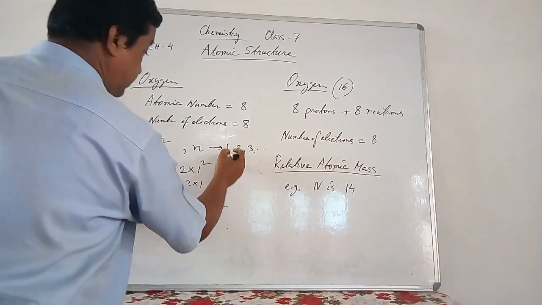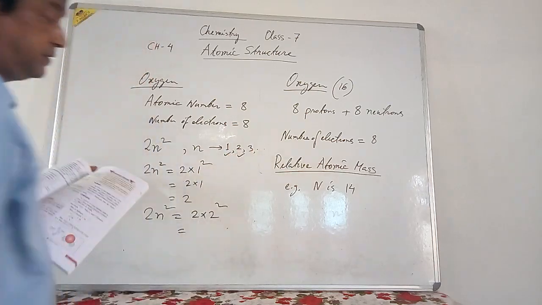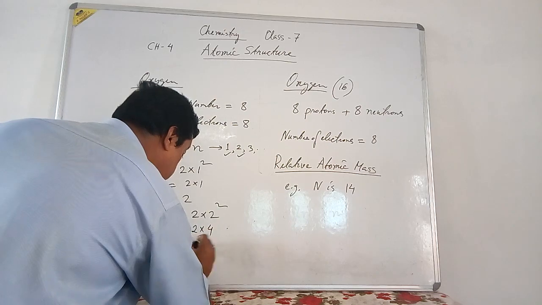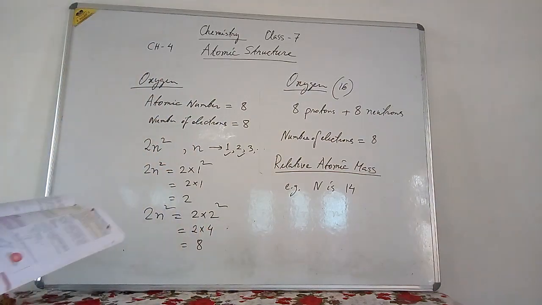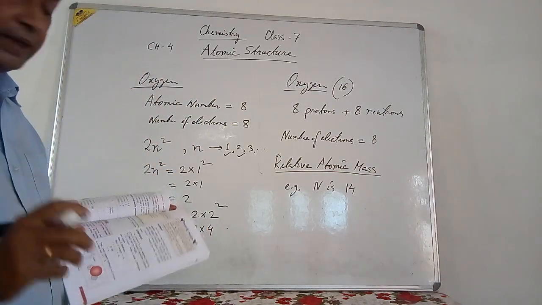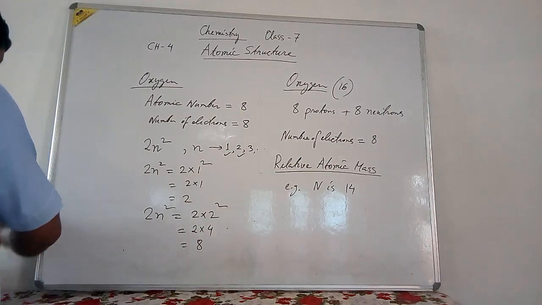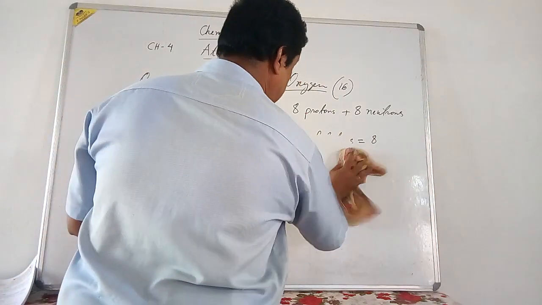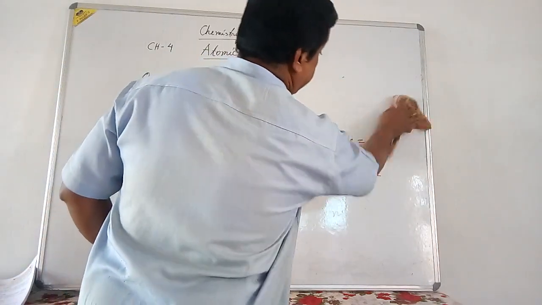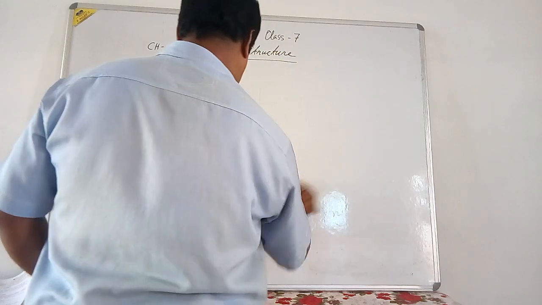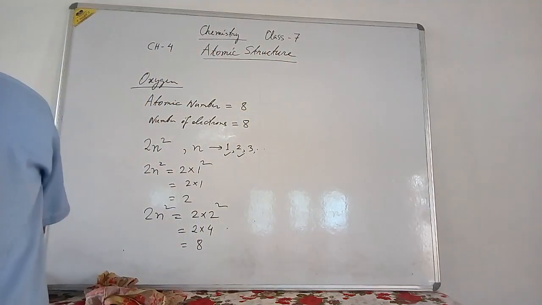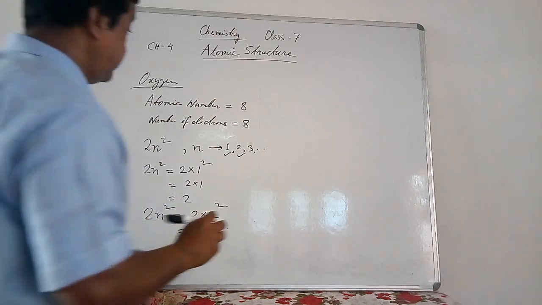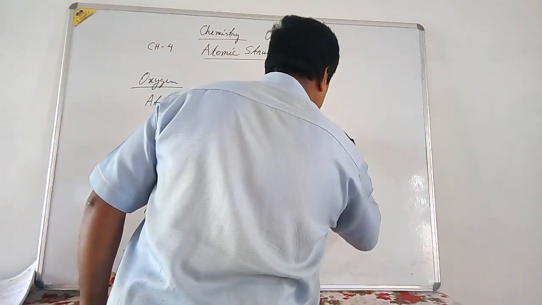N equal to 2, that means 2 into 4, that is equal to 8. Now in the second shell, there can be maximum 8 electrons. It cannot be more than 8 electrons. This formula is given by scientist Niels Bohr.